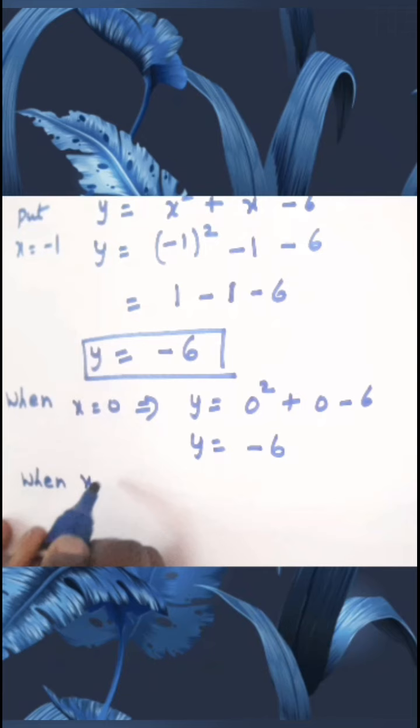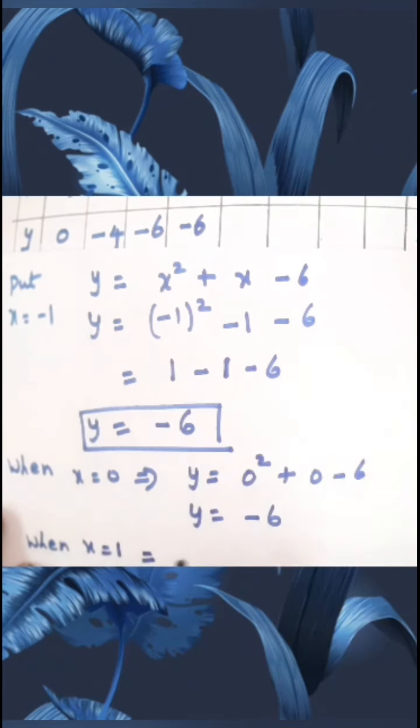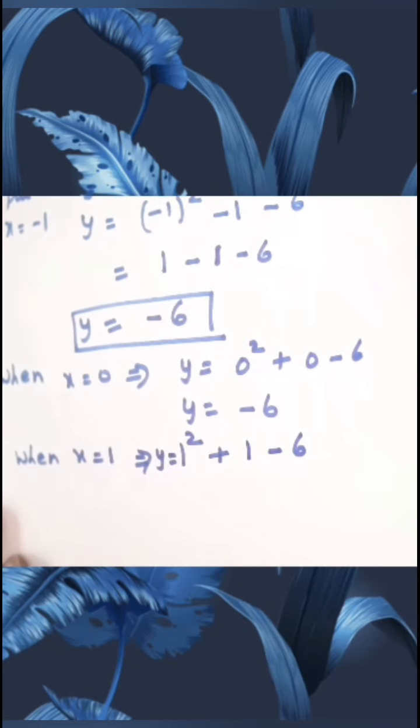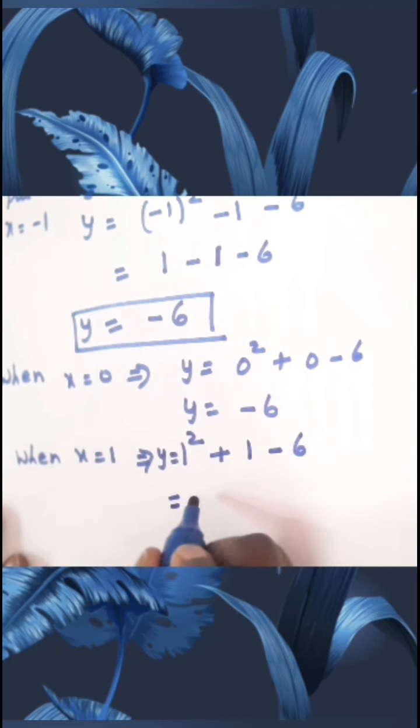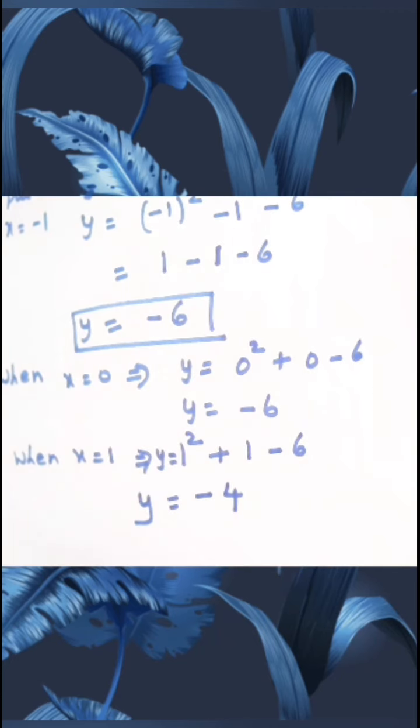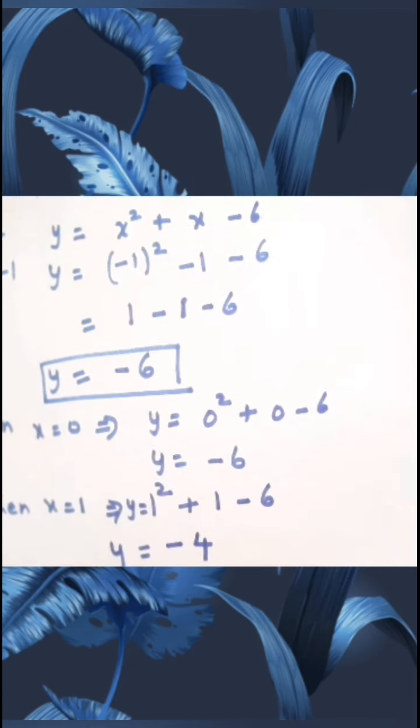When x is equal to 1, I'm going to substitute in this equation. x square is 1 square, 1 square plus 1, 1 plus 1 will give you, y is equal to negative. Okay, I'm just substituting here.